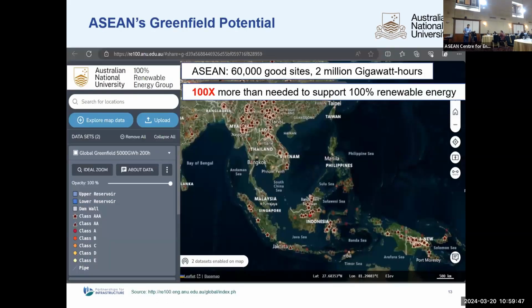As we showed yesterday about the pumped hydro potential in the ASEAN countries, we found more than 60,000 good sites that can provide 2 million gigawatt hours of storage, 100 times more than what is needed to support 100% renewable energy in the ASEAN countries.